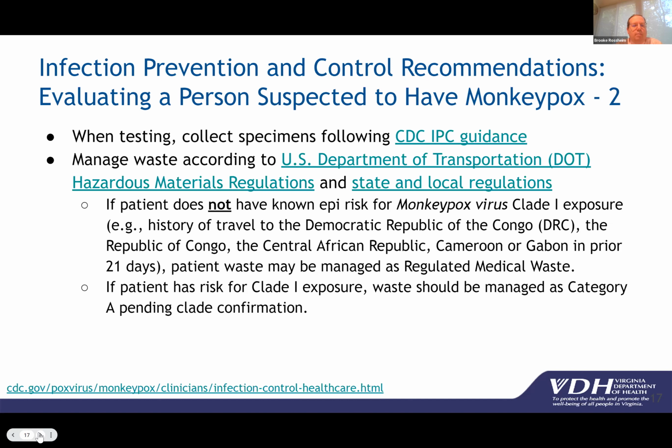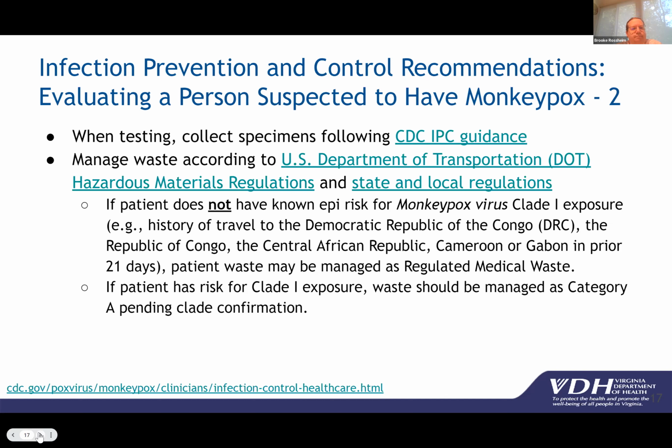It requires more bagging of materials, so maybe not 1 bag, but 2 bags. If you think that you're dealing with clade 1, that would be category A waste, and that is handled in a more strict manner than regulated medical waste.